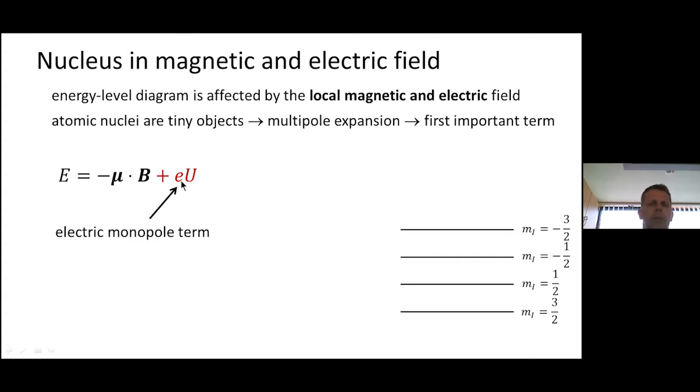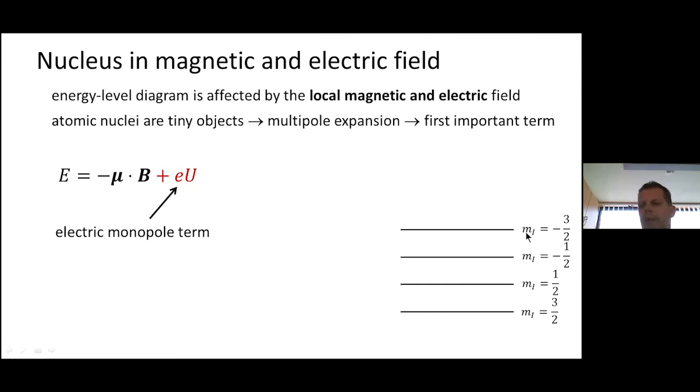In case of electric field, we, of course, do have electric monopoles. These are electric charges. So we start this multipole expansion by the monopole term, which is simply the product of the charge of the nucleus and electric potential at the position of the nucleus. This is fine, but this term doesn't affect the differences between the energy levels, because we can easily see that this term is not affected by the orientation of the magnetic moment or of the spin.